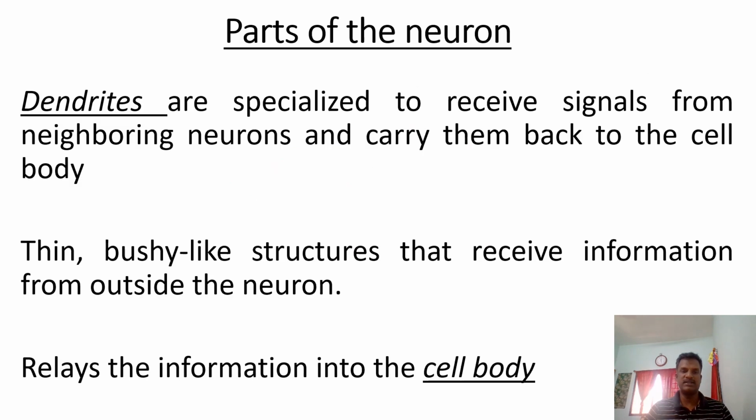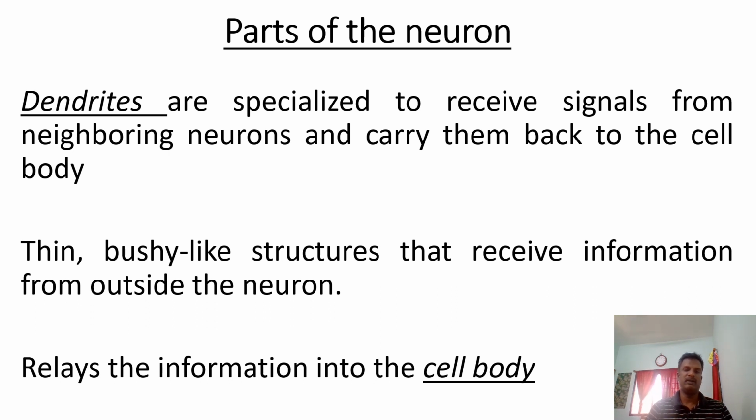So when you look at the dendrites, they are very bushy or branching structures which act as the source of input for your neuron. They are used to receive signals from the neighboring neurons, and they will carry them to the internal parts of the current neuron. Or in other words, they also act as an interface between the external environment and your current neuron.